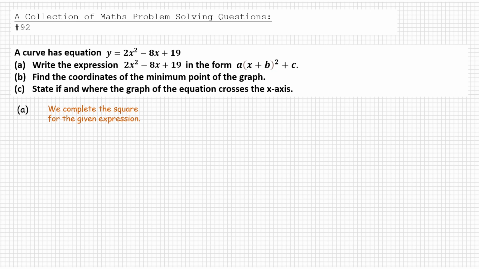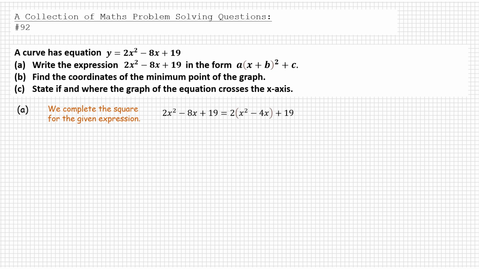We do that by, if you look at the terms with x, you see the common factor is 2, so if you take 2 outside the bracket, you write 2 times (x squared minus 4x) plus 19.